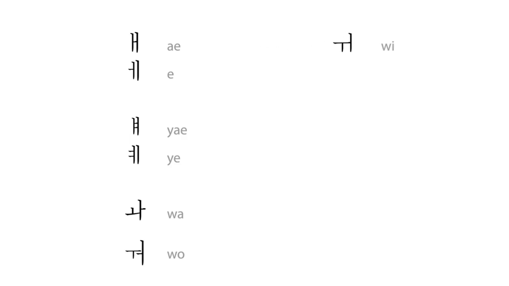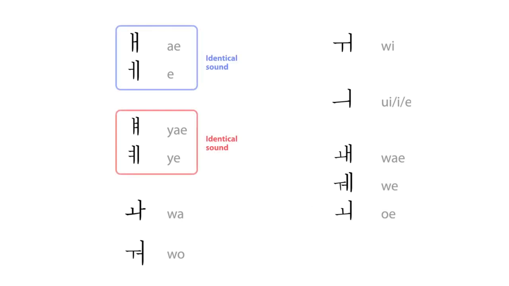Double vowels are composed of basic vowels. 에, 예, 와, 워, 위, 의, 왜. Although these vowels are written differently, they sound identical.